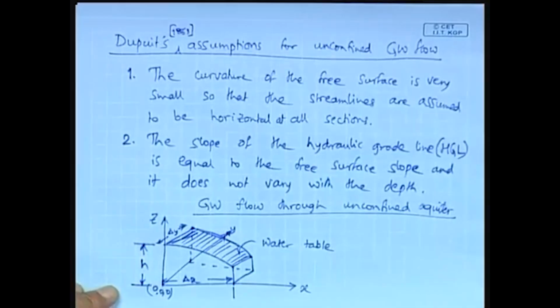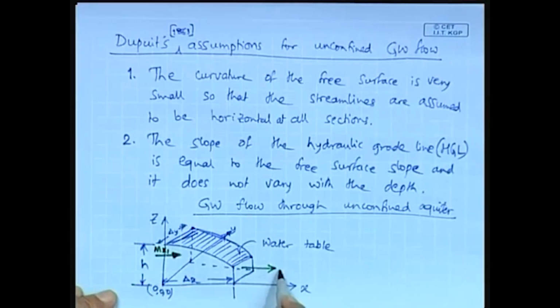Here let us consider the groundwater inflow. Let us consider the flow to be in the positive direction of x and y. So, let this be mx1 and the groundwater outflow, the mass outflow, let us take this to be mx2 in the x direction.